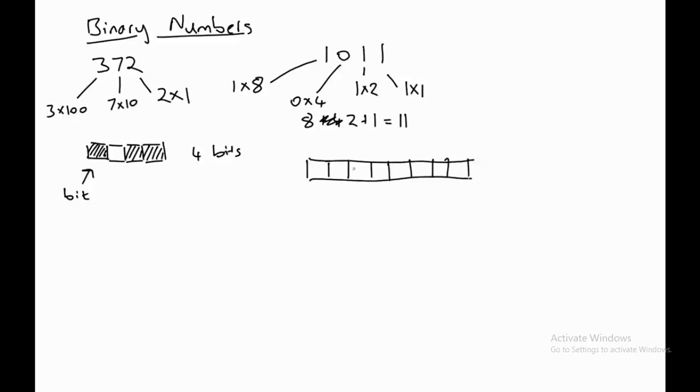Let's check this, 1 2 3 4 5 6 7 8, and this is called 1 byte. So we've got bits and bytes, and there's going to be a limit to what size number you can represent in a byte, and we're going to get onto that in the next video but one.